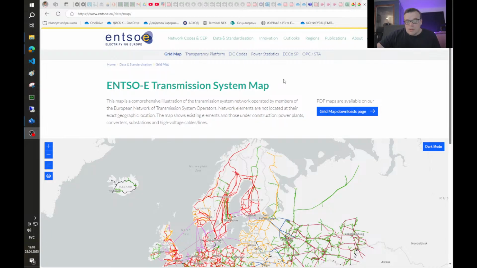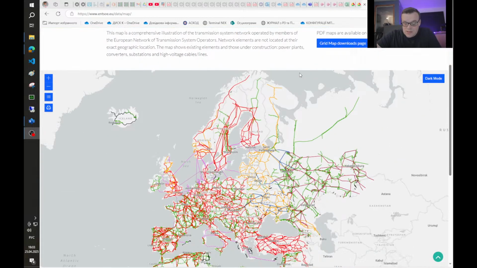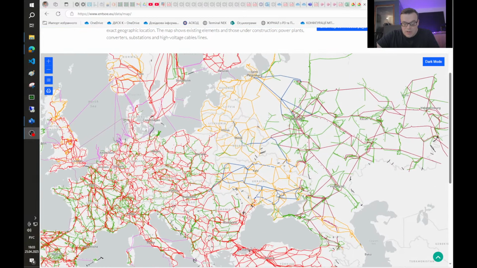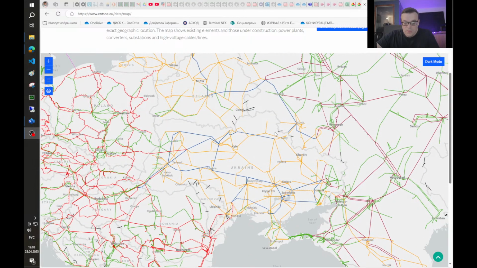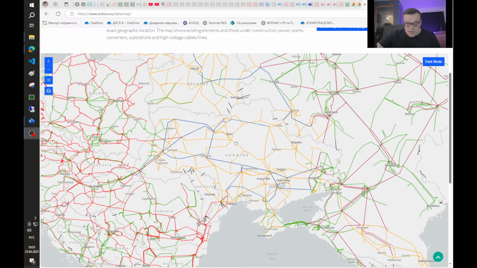In Google search you can type ENTSO-E grid map, and there is a map of the European countries' grid, and this is Ukraine with the 750 kilovolt lines shown in dark blue color.